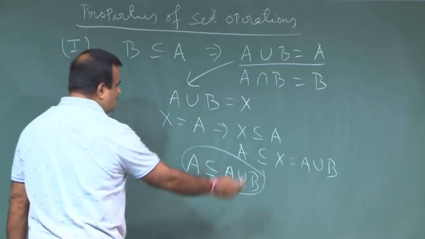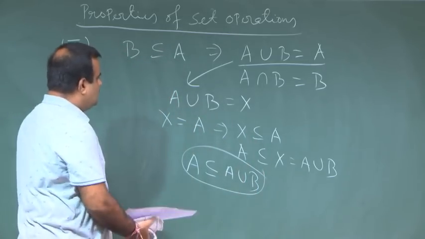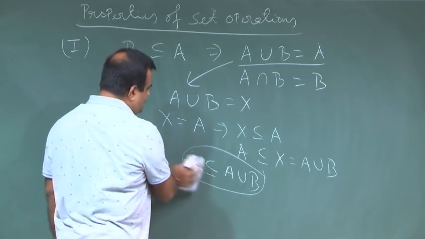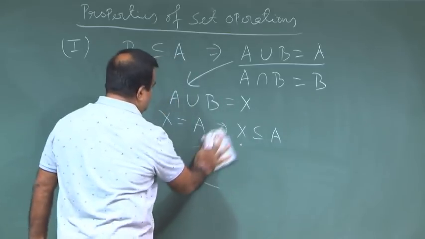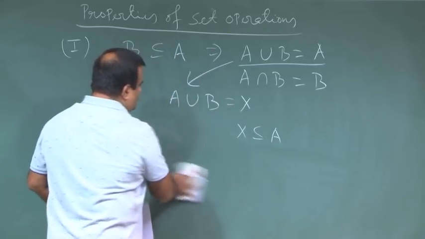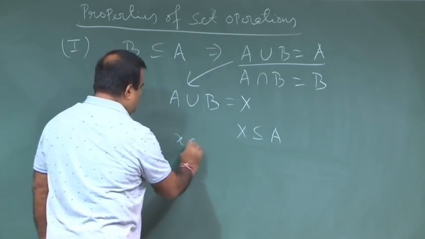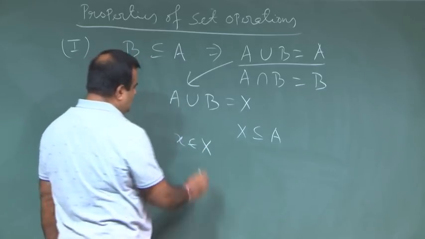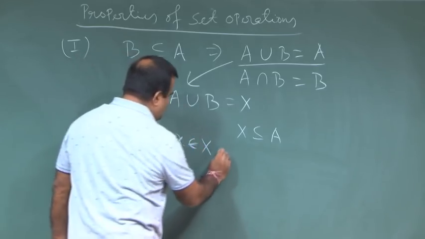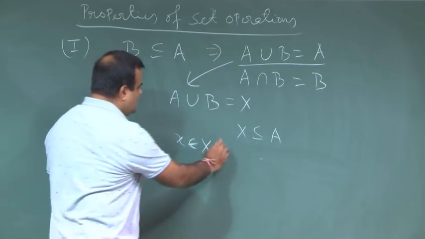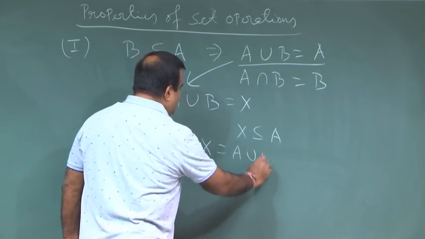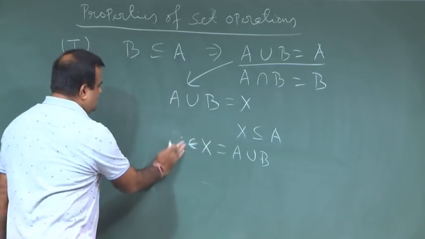Now we have to prove that X is a subset of A. To prove this, we need to take an element from X, and then show that it belongs to A. So now what is X? X is A union B. So let us take a small a.